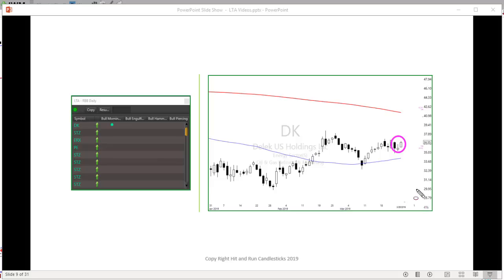That's one of the cool things that you can do with this: you can set up a strategy with your entry signal. So the strategy is, in this case, the RBB, rounded bottom breakout, the RBB strategy.